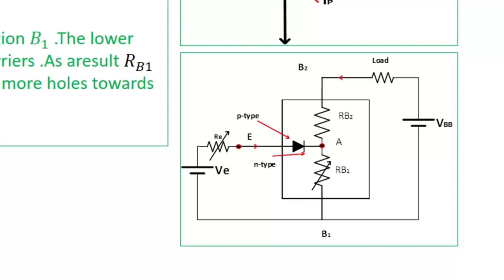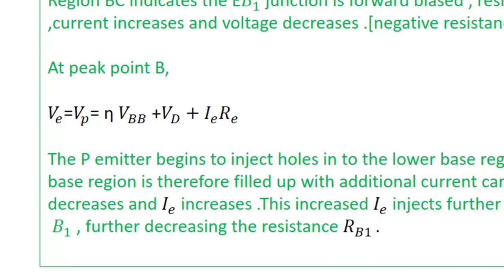This voltage across RB1 is variable and depends upon eta as well as RB1. So if VE is equal to or greater than eta VBB plus VD plus I into RE, then we can say we will be able to achieve this negative resistance region for triggering the SCR.